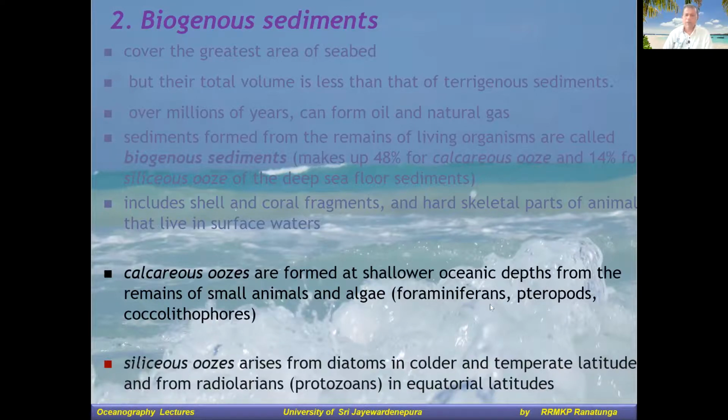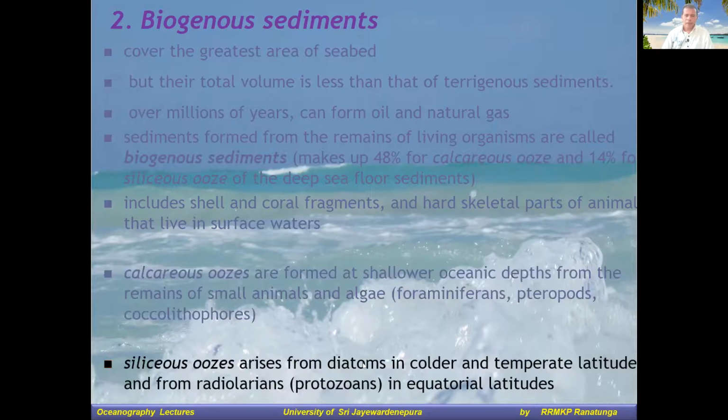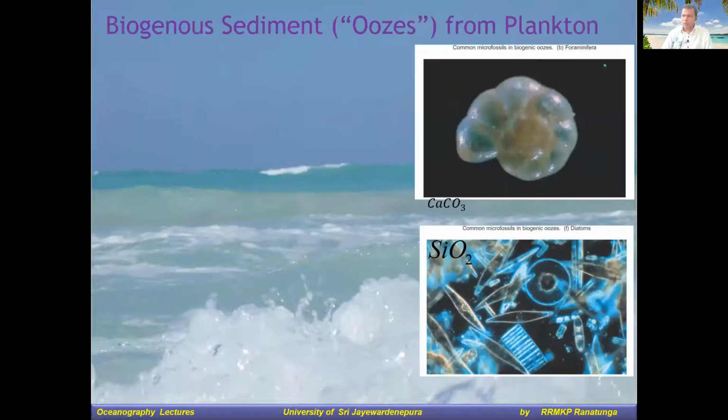As you've seen from the video, basically the calcareous oozes are formed from foraminiferans and pteropods as well as coccolithophores, and the siliceous oozes from protozoans, and I think even some algae can form siliceous oozes as well. Right, so that's how they are formed.